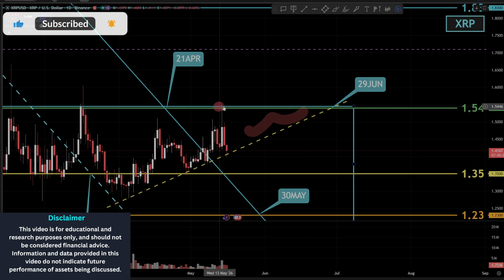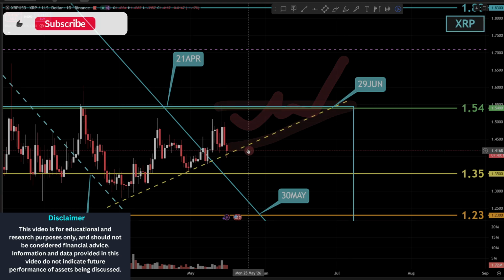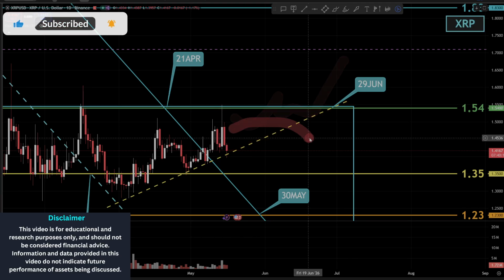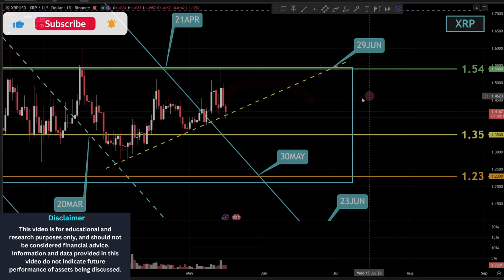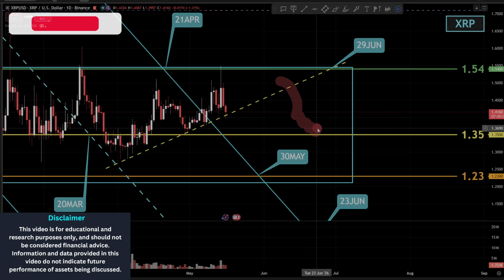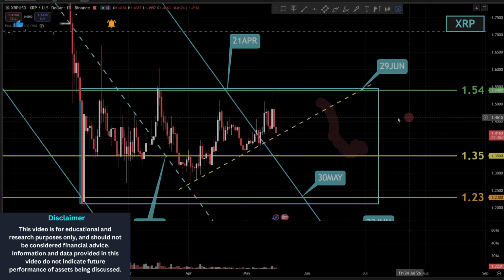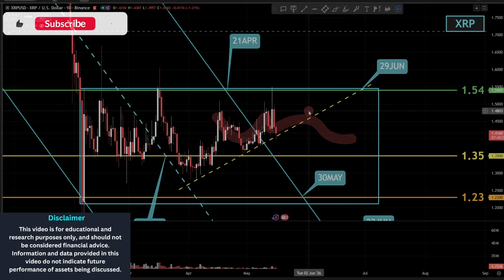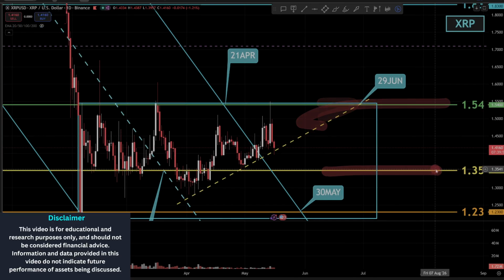If it keeps testing and eventually breaks out, that's the first C. The second C is change, meaning changing from the short-term trend, dropping below the support and coming back to test the 1.35 key level.